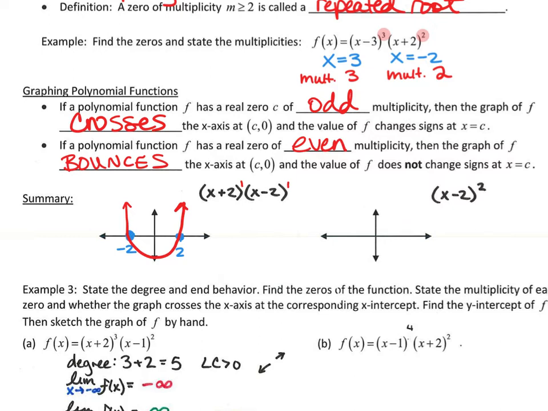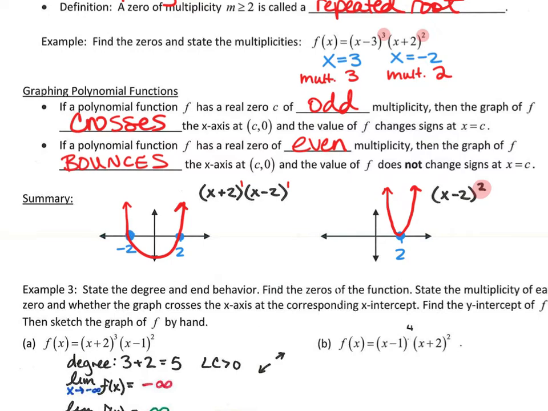But because in the second example, that x minus 2 has a multiplicity of 2, that means when I graph that solution of 2, my parabola cannot cross the x-axis there, so it stops and it bounces right back up. That's called a repeated root, or having an even multiplicity. So odd crosses, even bounces back. Odd crosses, even bounces back.